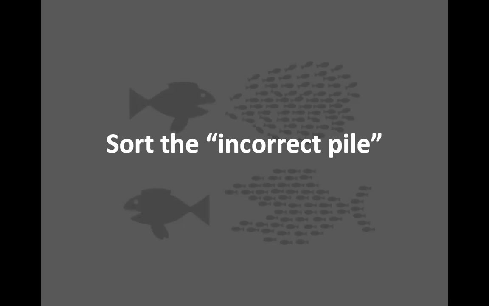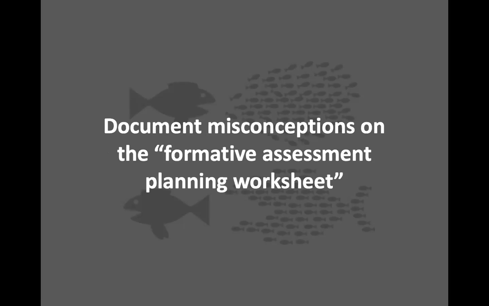Which pile does she want to take a closer look at? We take that pile and we talk about the misconceptions. We actually have a sheet where you can quickly write down the general misconception, or be specific about which students have different struggles within this problem.